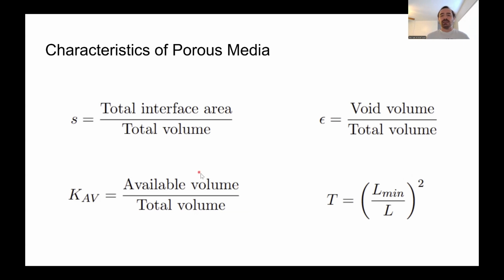And we also can characterize the medium with its tortuosity, which is a measure of how much the pore path deviates from its shortest theoretical path. In other words, it's how twisty and windy the pore is within the medium.